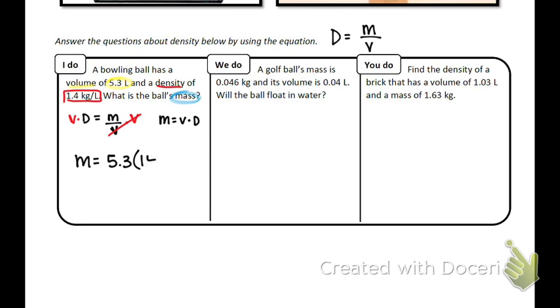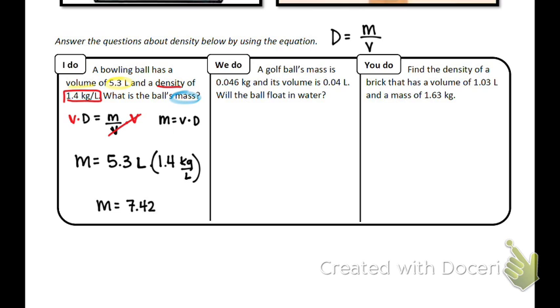I'm going to rewrite that so you can see what that was: liters times 1.4 kilograms per liter. So your numbers are just going to multiply like normal. What is 5.3 times 1.4? 7.42.